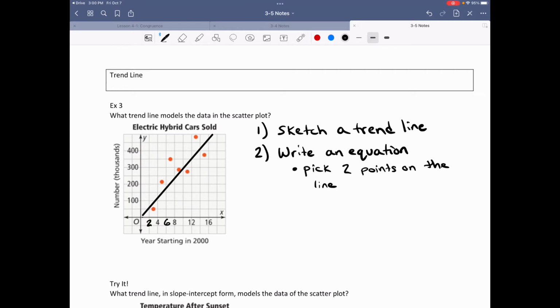I didn't really go through any points, but we'll just kind of make up a point on the line. Use a different color so you can see. I'm going to use this point, and then I'm going to pick another point that's on a corner spot. So this point down here is 2, comma, 50. And then the point up here is at 12, comma, 350.